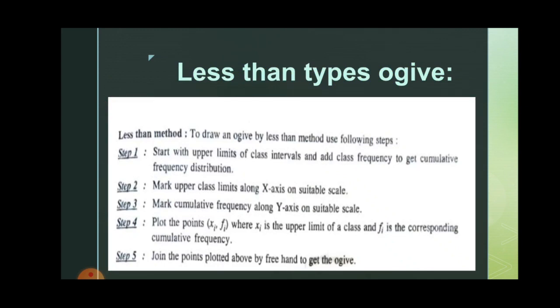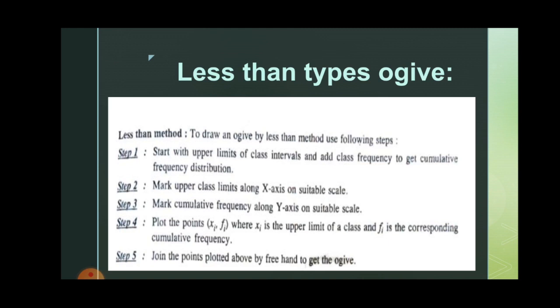Less than type ogive. To draw an ogive by less than method, use the following steps. Step 1. Start with upper limits of class interval and add class frequency to get cumulative frequency distribution. Mark upper class limit along x-axis on a suitable scale.